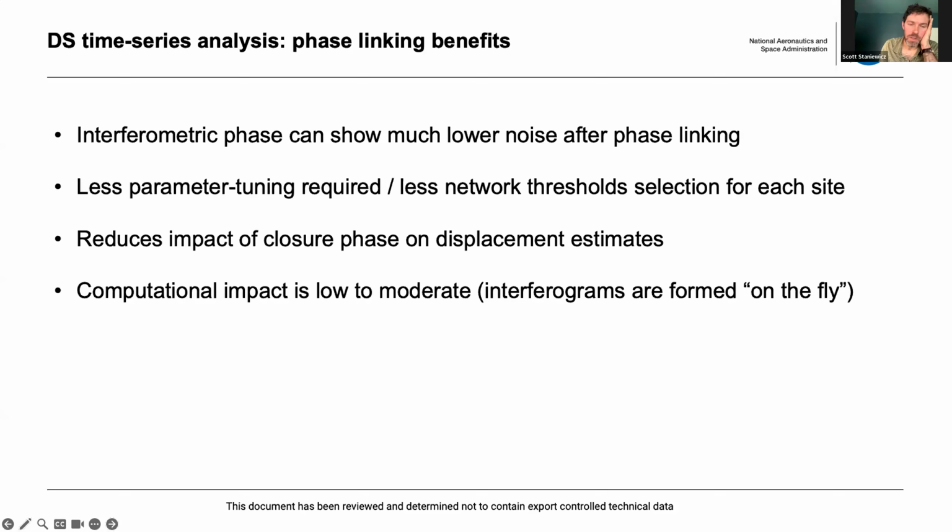And Anne mentioned the closure phase problem, and we'll have a slide on that in a little bit, but it will reduce the impact of that by performing this optimization in the wrapped phase domain. And if your implementation is good, the computational impact is not that strong. It's not super slower than SBAS. You're definitely doing more work, but as we'll see in the Dolphin library, it runs pretty fast, so it's pretty good.